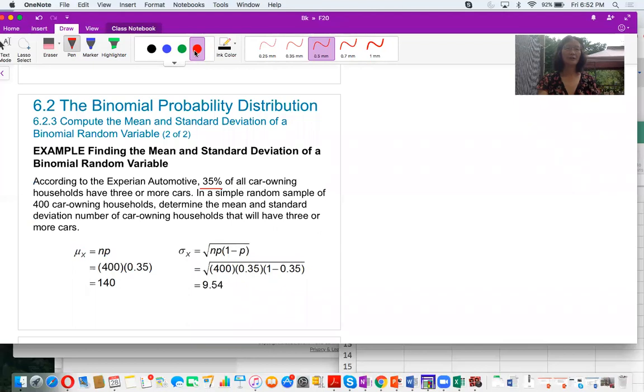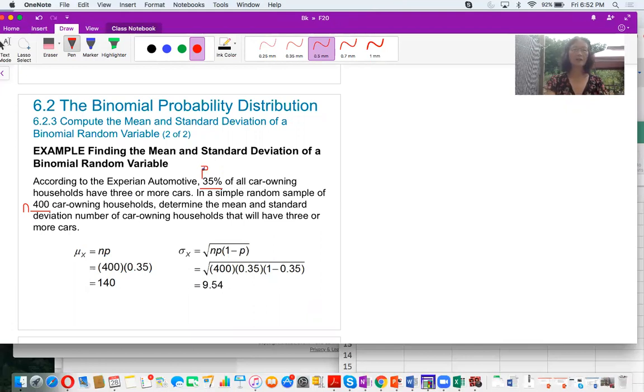So in this question, we have n, the number of trials, equal to 400, and the probability of success, the probability of owning 3 or more cars, is 35%, p.